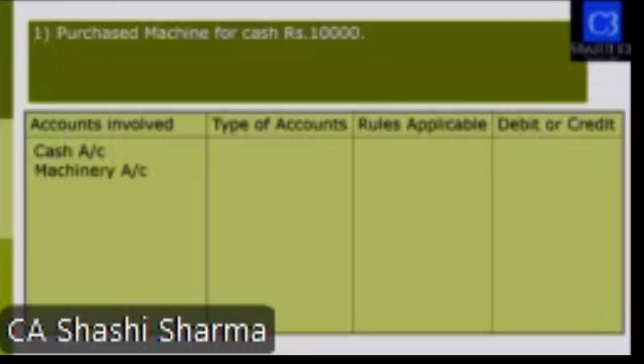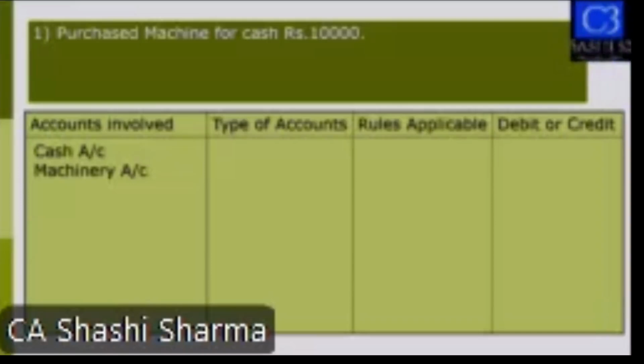Then let's decide about the type. Can anyone suggest under which category these 2 accounts fall? Real, tangible, sir. Real account. Both are real account? Yes, sir. Okay, thank you.